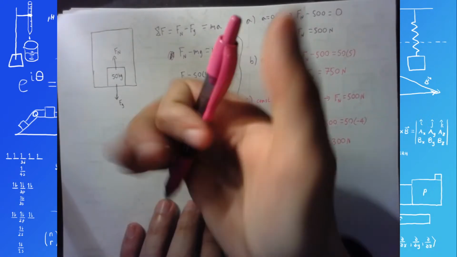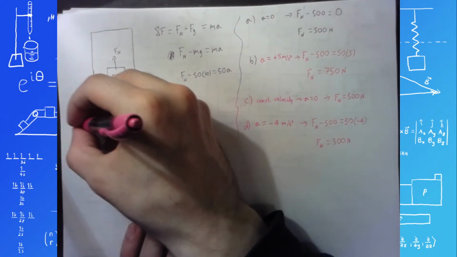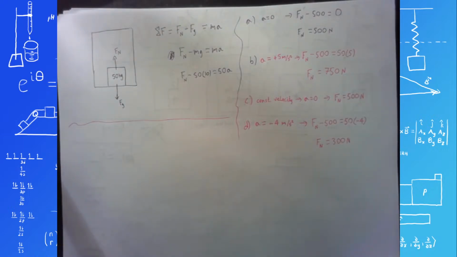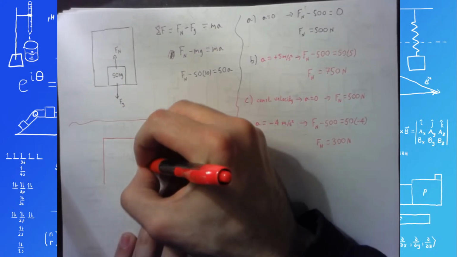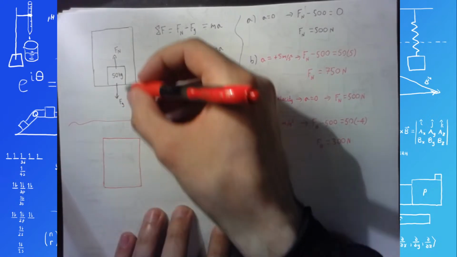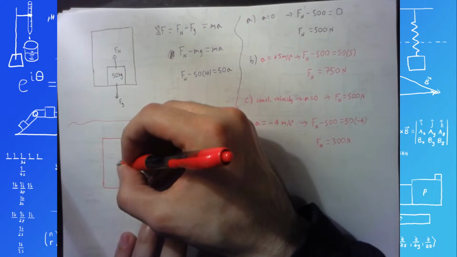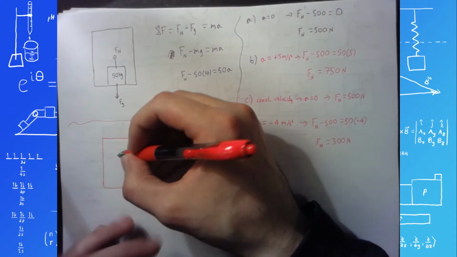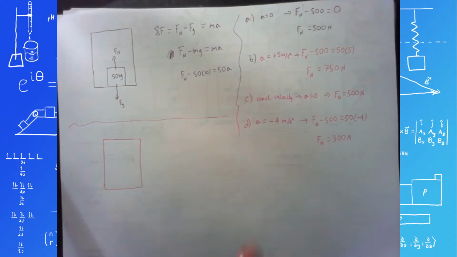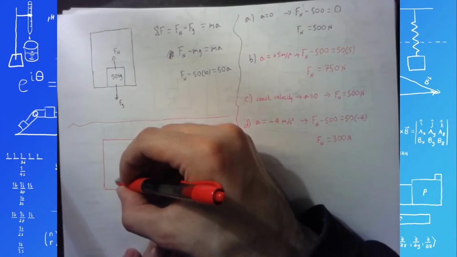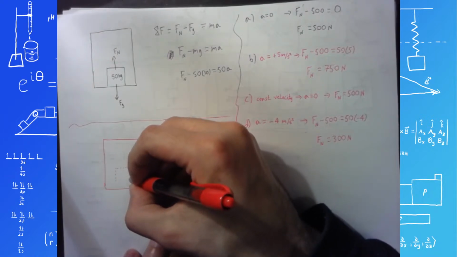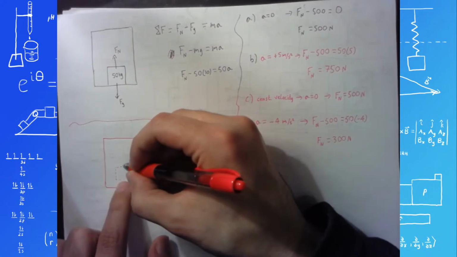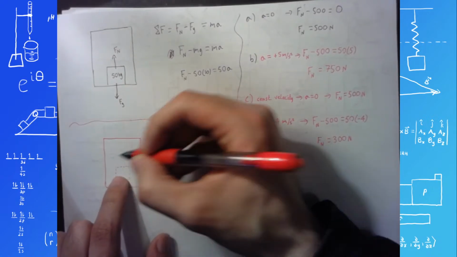Or if you're feeling really dangerous, you can assume that the elevator accelerates down while the block doesn't accelerate down as much. So the elevator is going down faster than the block. So over time, it will appear as if, to someone in the elevator, the box is slowly but surely floating up.